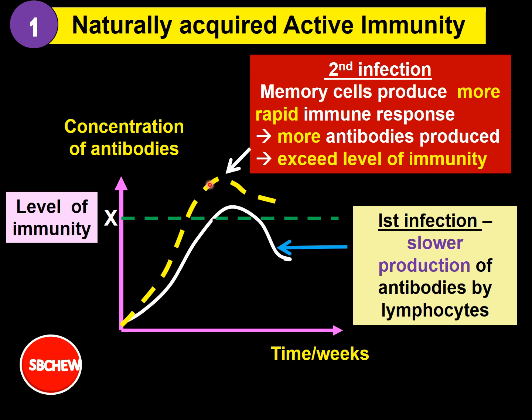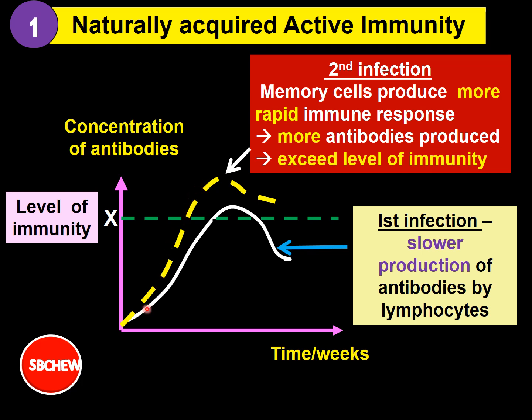So the concentration of antibodies will reach the level of immunity faster also. He may not fall sick because he can destroy the pathogens very fast. Instead, we say that he is immune against the disease already, because his lymphocytes can produce the antibodies very quickly and at a high level to destroy all the pathogens.